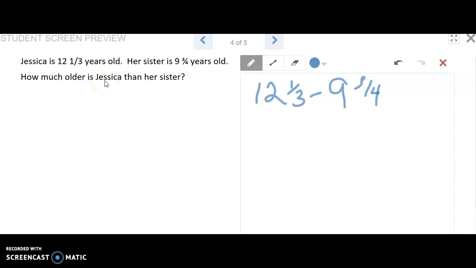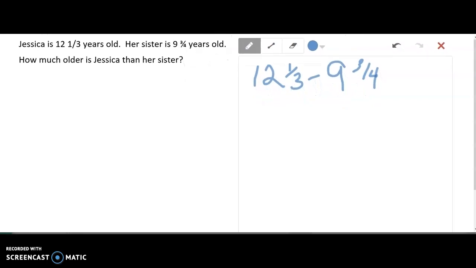Okay, so now we want to focus over here and use what we know about subtracting fractions that are mixed numbers, right? 12 and 1/3 and 9 and 3/4 are mixed numbers. So we've talked about taking our whole number parts and keeping those together, and our fraction parts and keeping those together.